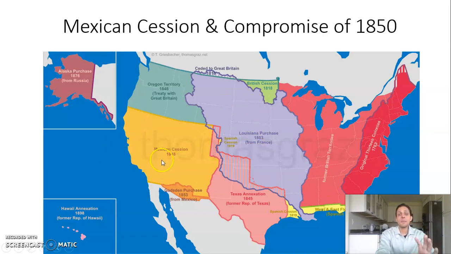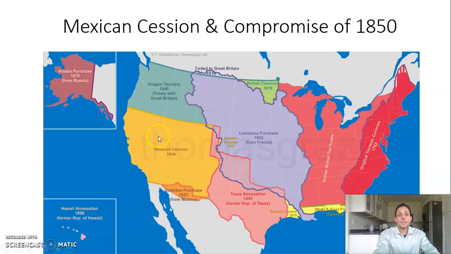You're going to see it again in the Mexican Cession with a proposal called the Wilmot Proviso, where David Wilmot tries to convince other senators to ban slavery completely in the Mexican Cession. Neither time did it pass, but it shows you that Northerners are seeing this as a political issue of power in the government.